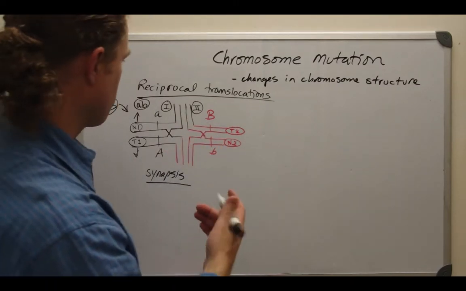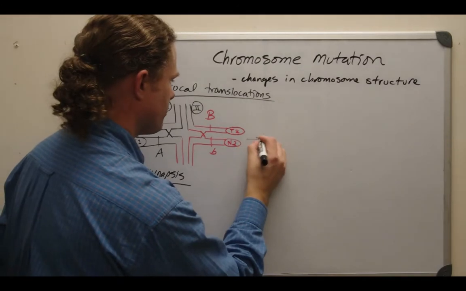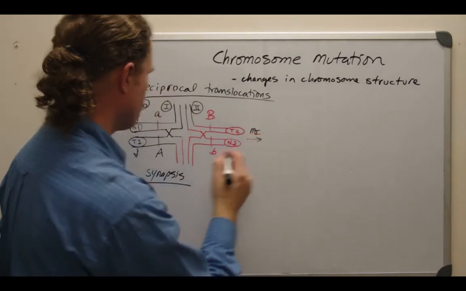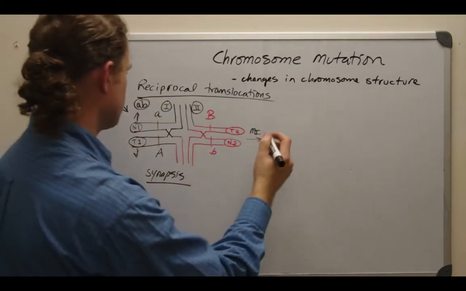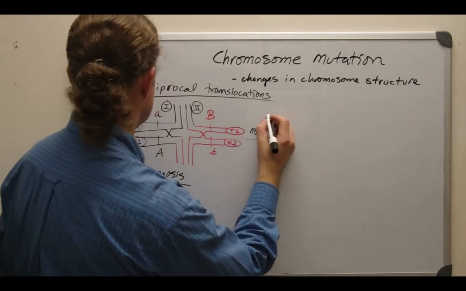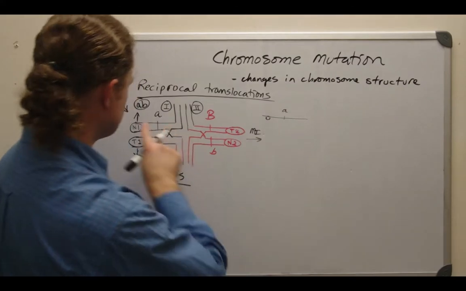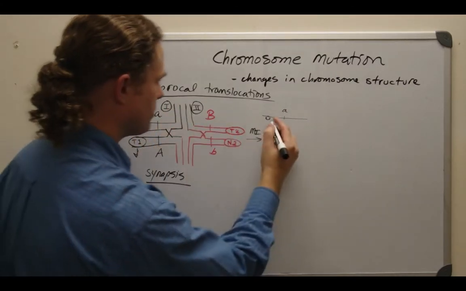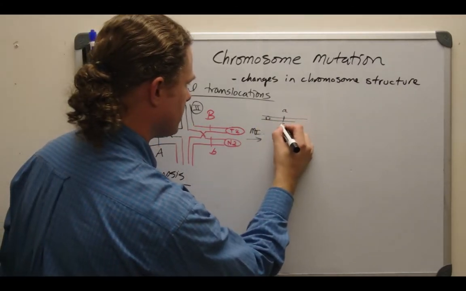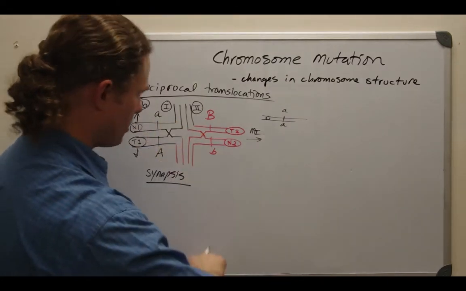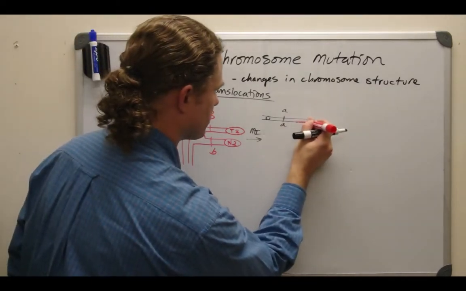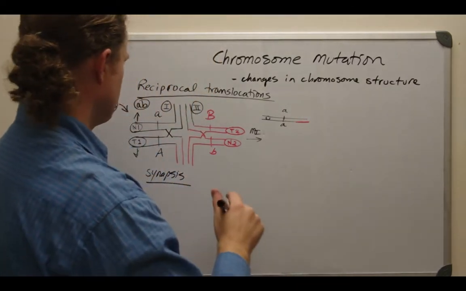Okay, so let's think about what's going on in meiosis 1. Let's start with this side of the equation here. So here we have a top chromosome which was not involved in the crossover event, and now down here we have that same little a allele, but now recombined onto a translocated structure. Okay.